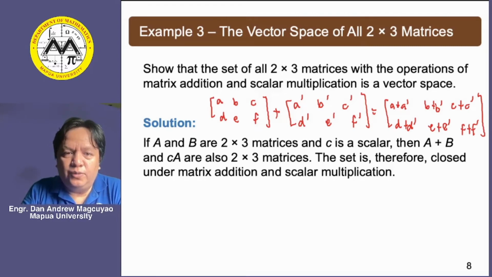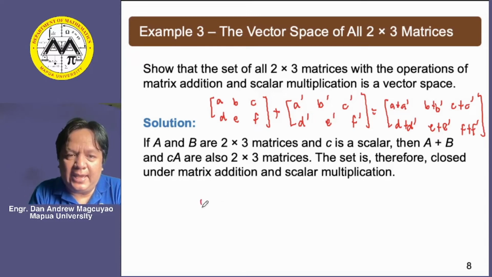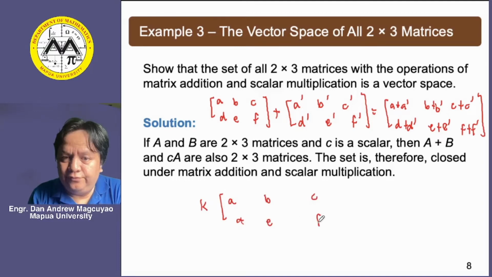While if we multiply it by a constant k, like in the case of A, B, C, D, E, F, the closure property of multiplication, kA, kB, kC, kD, kE, and kF, is satisfied.